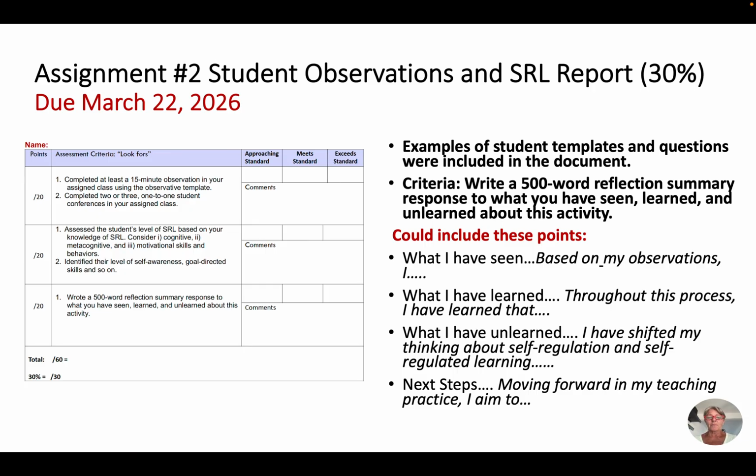This has always been a very enlightening assignment for the students in the past, because they've really understood what students are actually saying about self-regulated learning and about their learning. So it's a really good assignment for you to do, to really see the other side from a student's perspective. So enjoy.